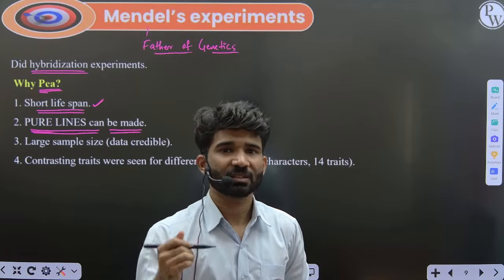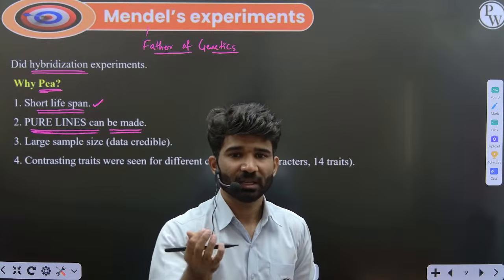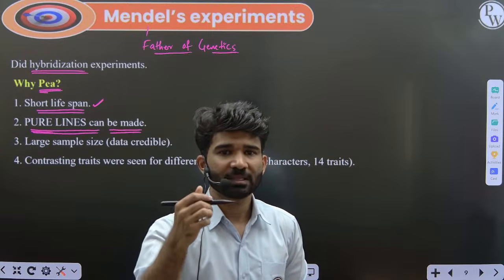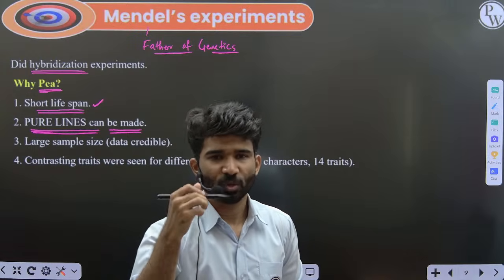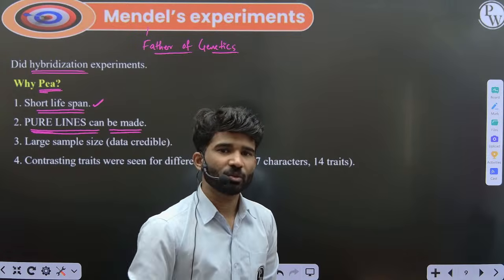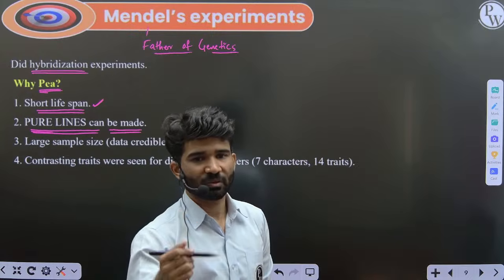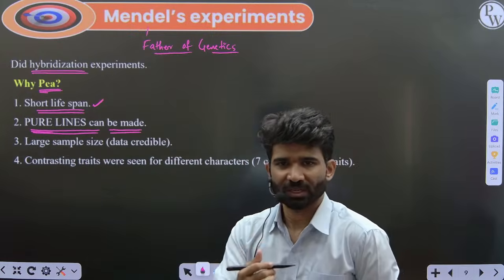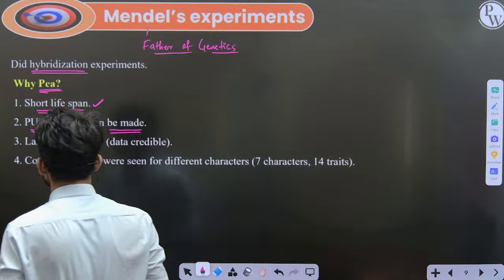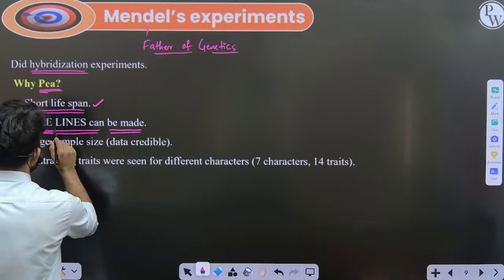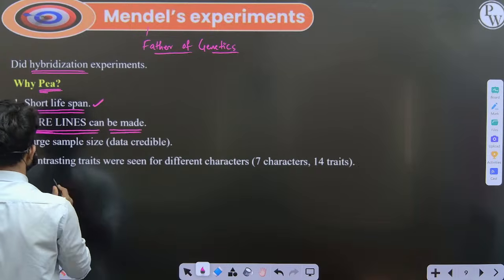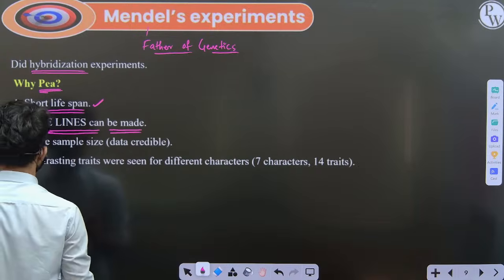When plants are self-pollinated for many generations, they get a pure character, for example pure tall plants, homozygous tall plants. So you have to self-pollinate the same plant for a minimum of 4 to 5 generations. Then you will get pure lines, tall, or for any character.